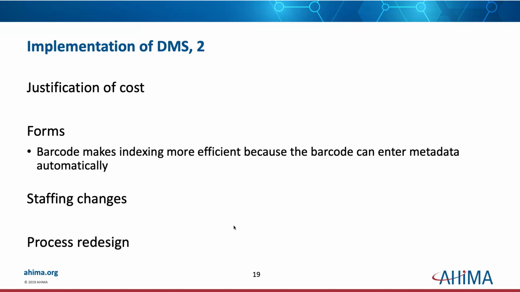All right, so justification of costs, that can sometimes be challenging, but most organizations are beyond this. They know they have to have a document management system if they have any number of paper forms going into an EHR. If they pretty much have been on an EHR for a long time and they have next to no paper records, they will still get a document management system in case there's a downtime situation, but it won't be quite as robust as what we have talked about.